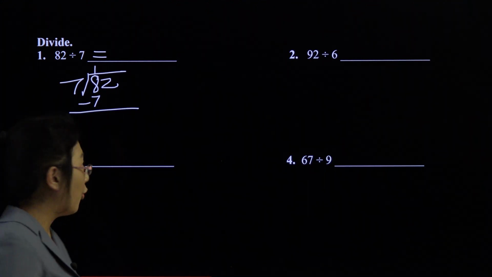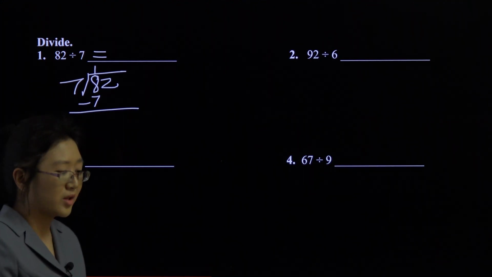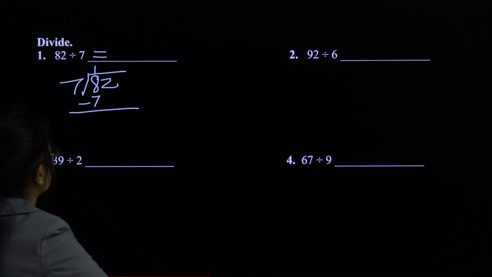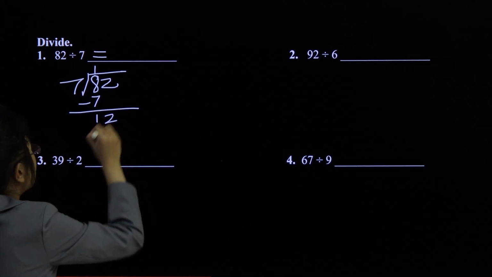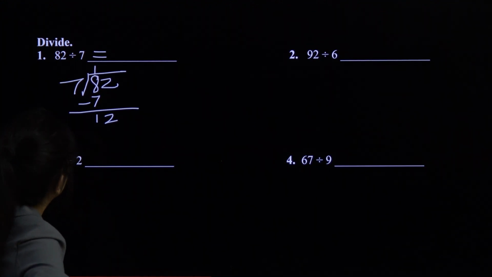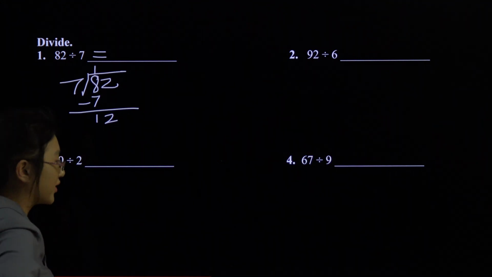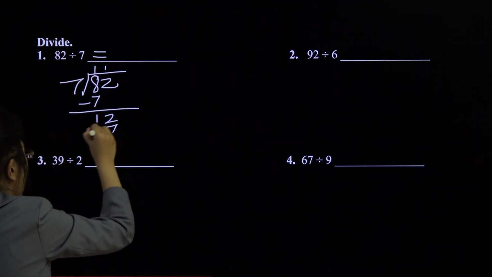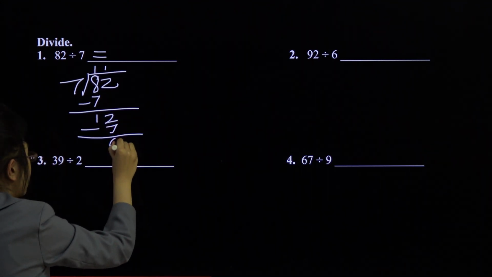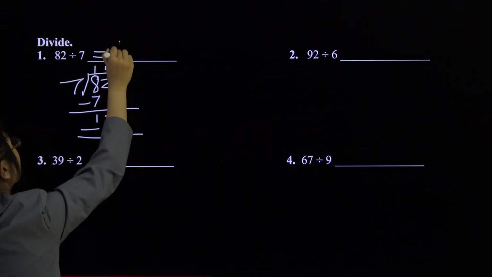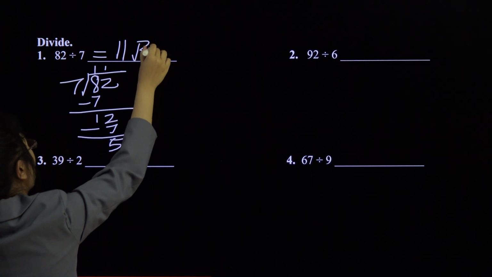So there's really no point in writing this subtraction sign once you get used to the fact that it is subtraction. I don't know why some people still write it, but anyhow, you subtract, then you drag the next digit down, you get 12, 7 goes into 12 once, and you subtract again, and you get the remainder of 5, so the answer is 11 remainder 5.